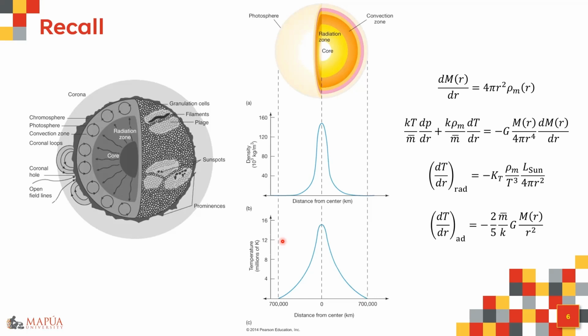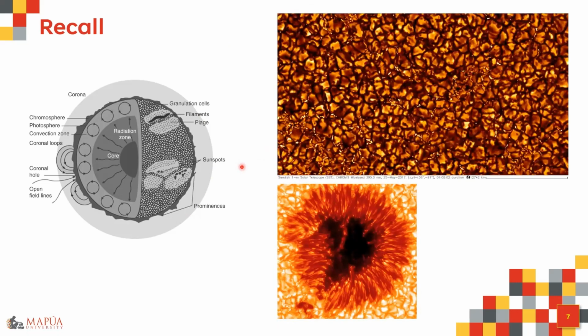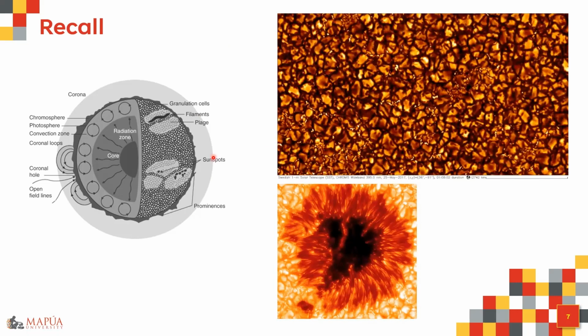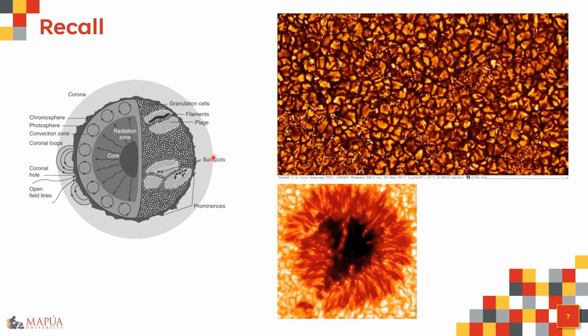And as I mentioned earlier, one of the proofs that a convection layer is present underneath the surface of the sun is through the granulation cells. Okay, wherein you can see that it's very similar to the surface of boiling water.